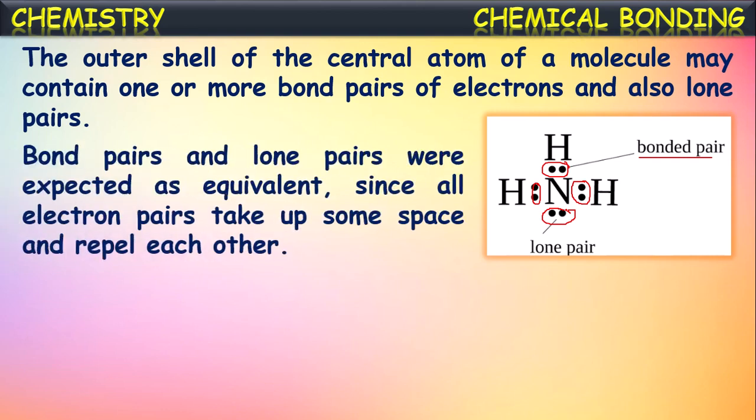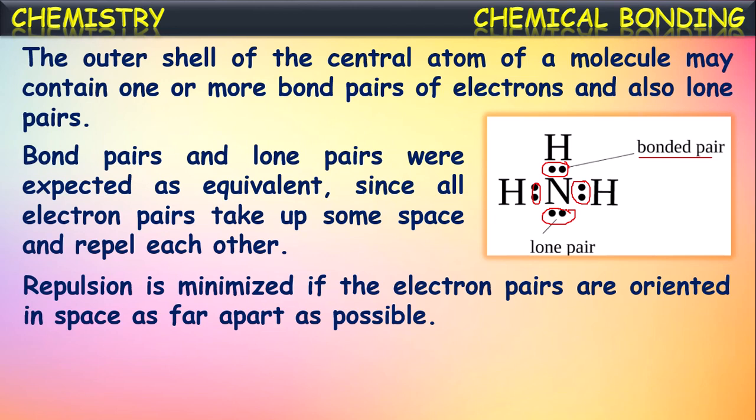Bond pairs and lone pairs of electrons are expected to be equivalent, since all electron pairs take up some space and repel each other, isn't it? All the pairs of electrons are considered equivalent and they repel each other.